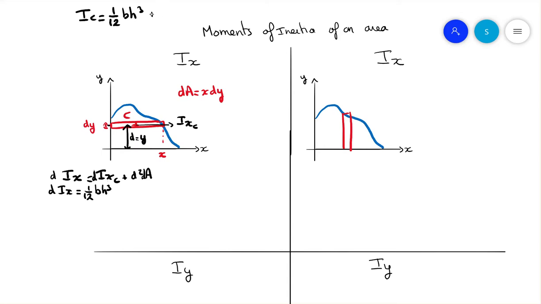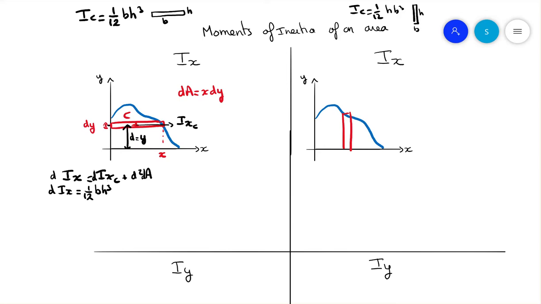Okay, so if it's horizontal, that's your b and that's your h. If it's vertical on this side, Ic would be equal to 1/12 of hb cubed. I write it in the other direction, and now I'm at the h, and that's your b.